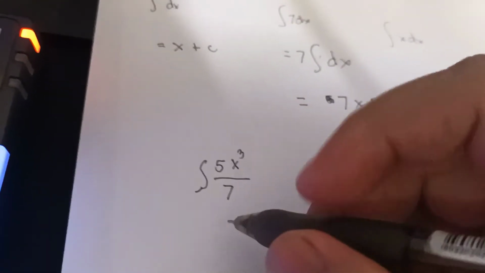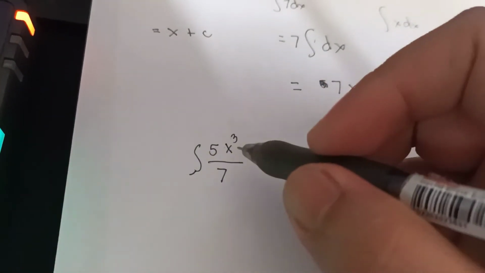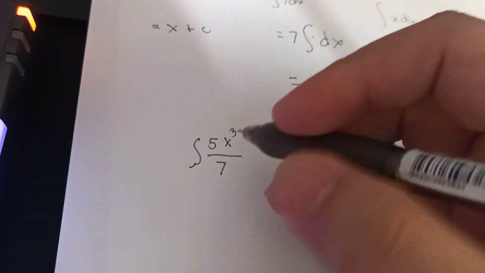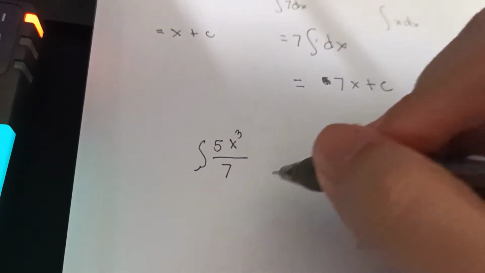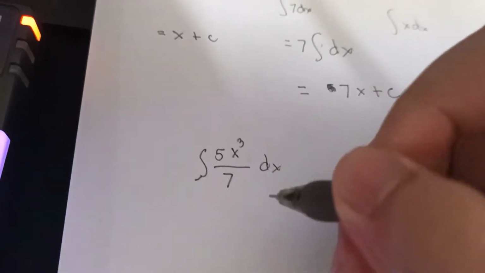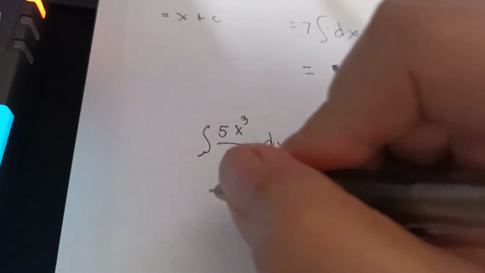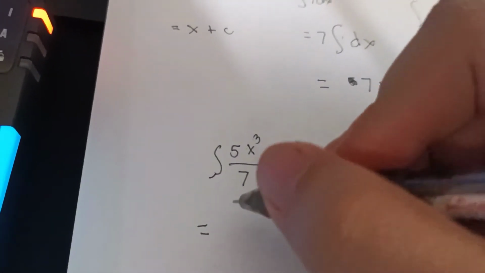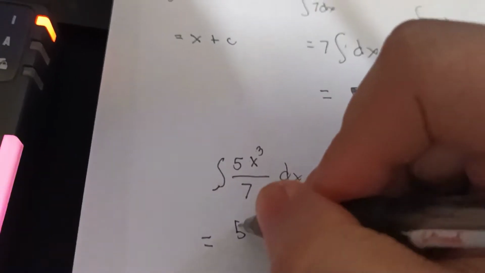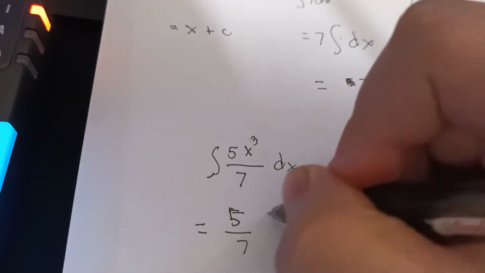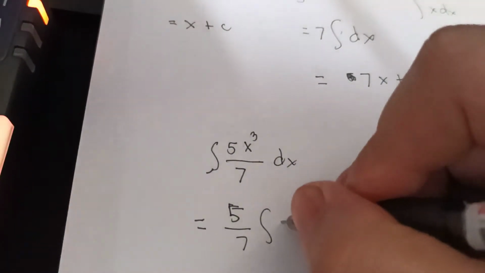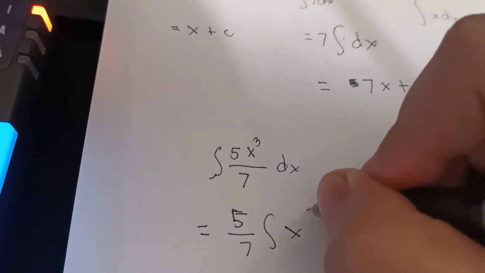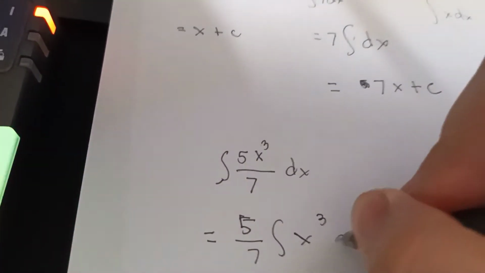Here we have an example: the integral of 5x cubed over 7 dx. What we do here is take out the constant, 5 over 7, times the integral of x cubed dx.